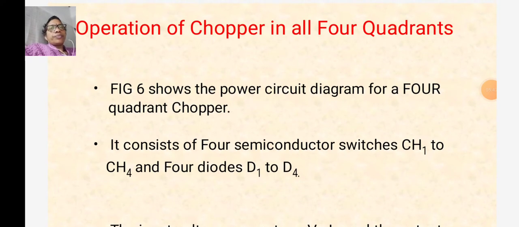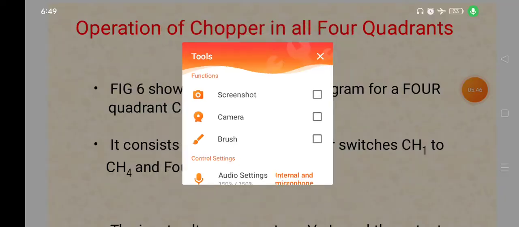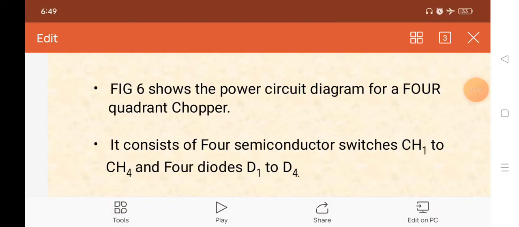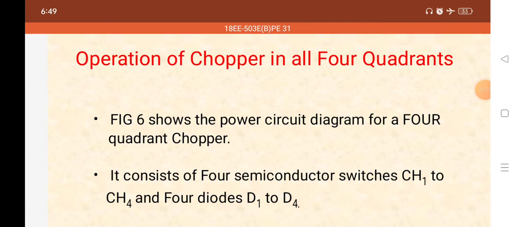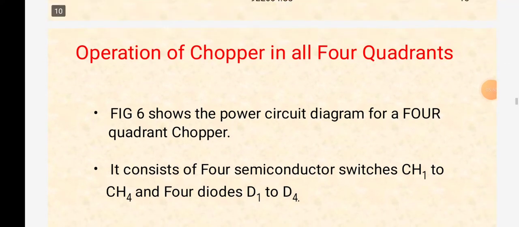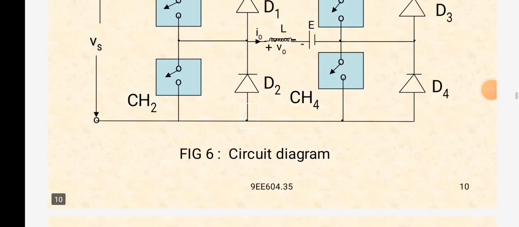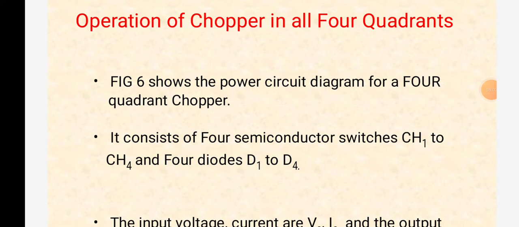In this figure, the power circuit diagram for a four quadrant chopper, it consists of four semiconductor switches CH1 to CH4 and 4 diodes D1 to D4.